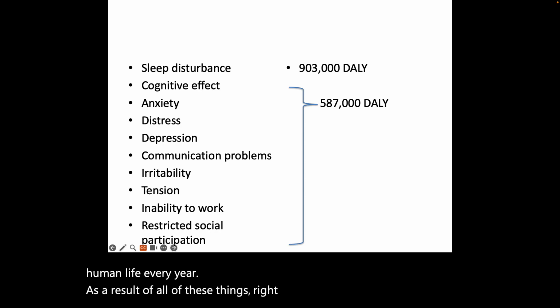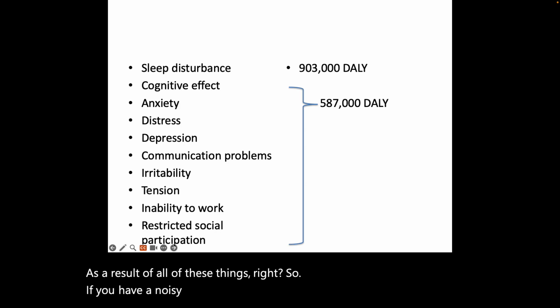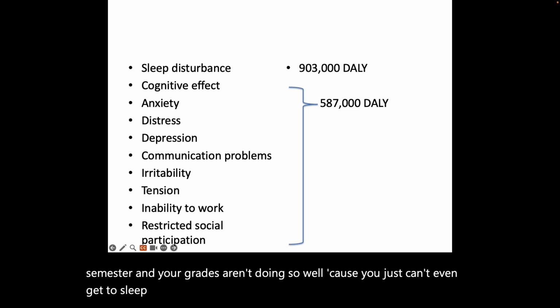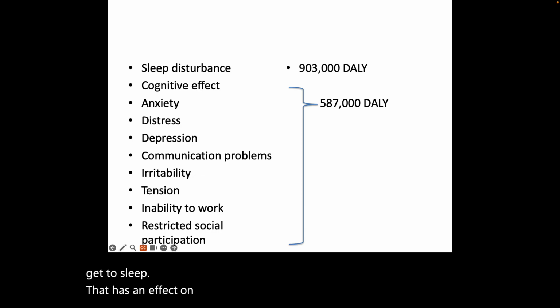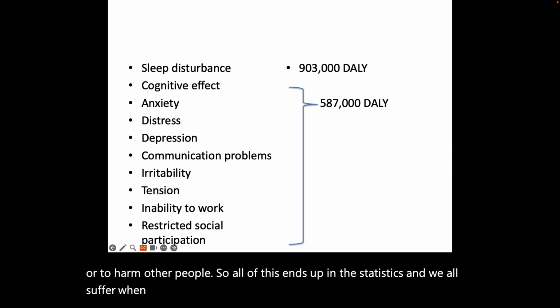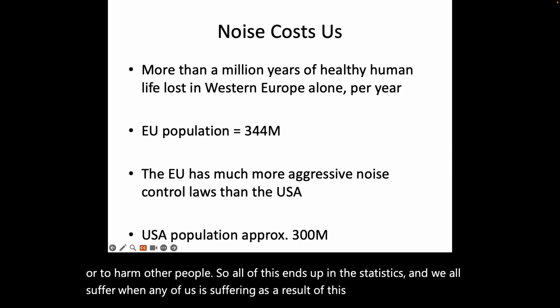So if you have a noisy neighbor and you're kind of grouchy for a whole semester and your grades aren't doing so well because you just can't get to sleep, that has an effect on people, right? It can drive people to harm themselves or to harm other people. So all of this ends up in the statistics, and we all suffer when any of us is suffering as a result of this. Okay?